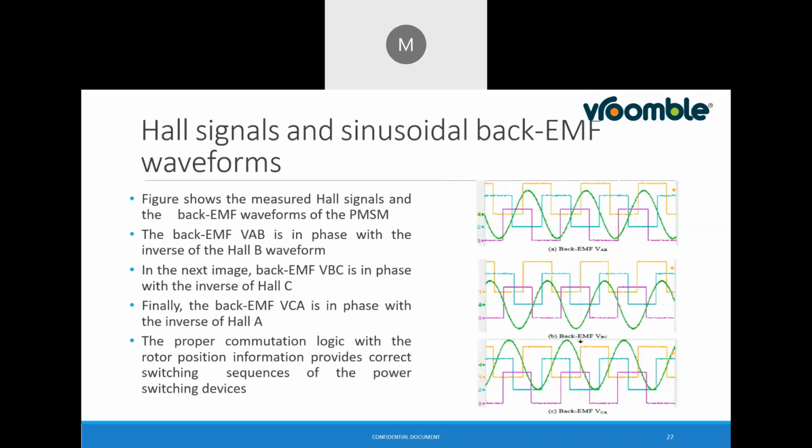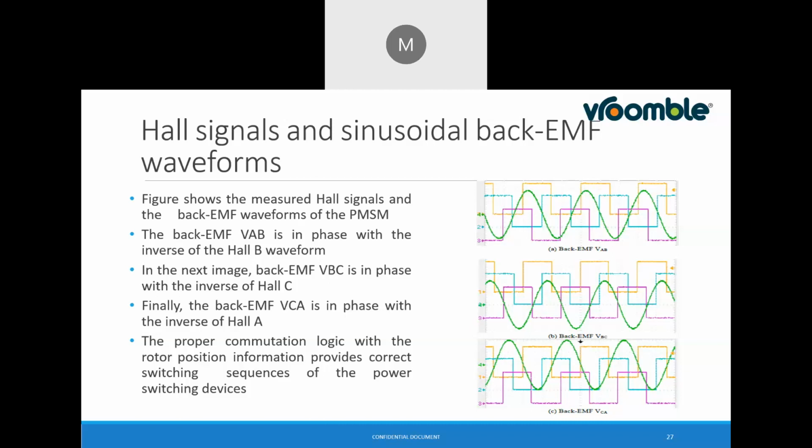Now we can see that diagram, what you are asking here. If you can see this diagram, the polarity issues which you were talking about, you had a query. Now, if you can see this figure, the Hall signals and the back EMF waveforms are given for the PMSM motor. The back EMF VAB is in phase with the inverse of the Hall B waveform. If you can see the A waveform, the top one, right?